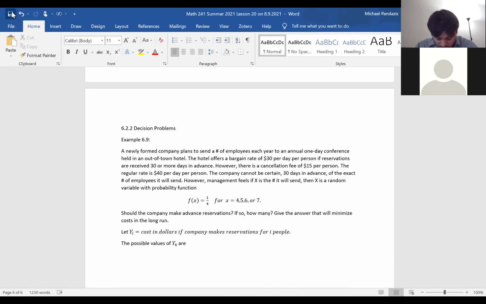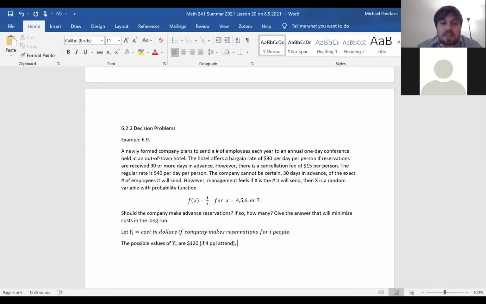So if they make reservations for 4 people and 4 attend, then they paid $30 for each of the 4 people. That's $120. Each costs $30 at the bargain rate, so they got it exactly right. So the possible values of y sub 4 include 120 if 4 people attend.